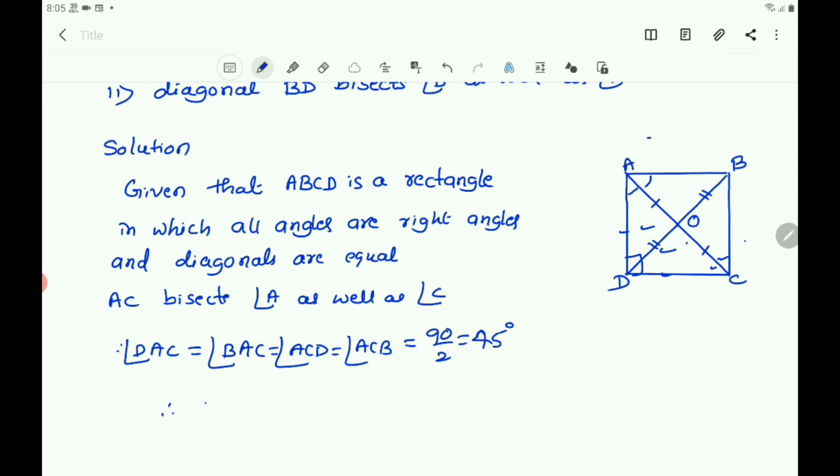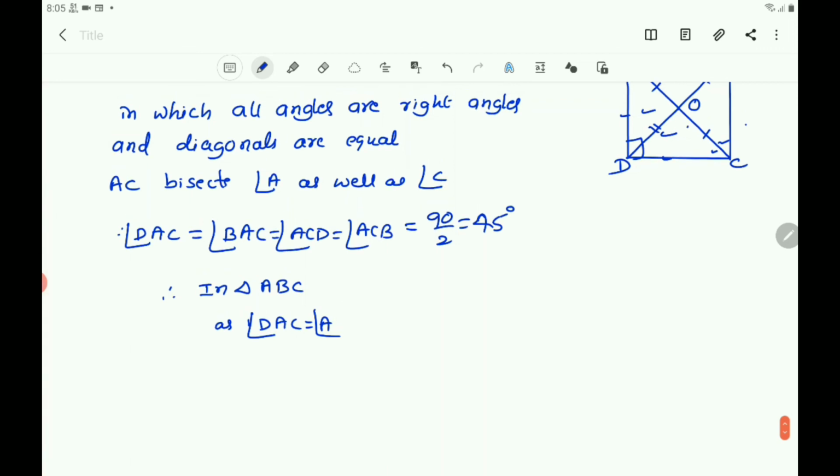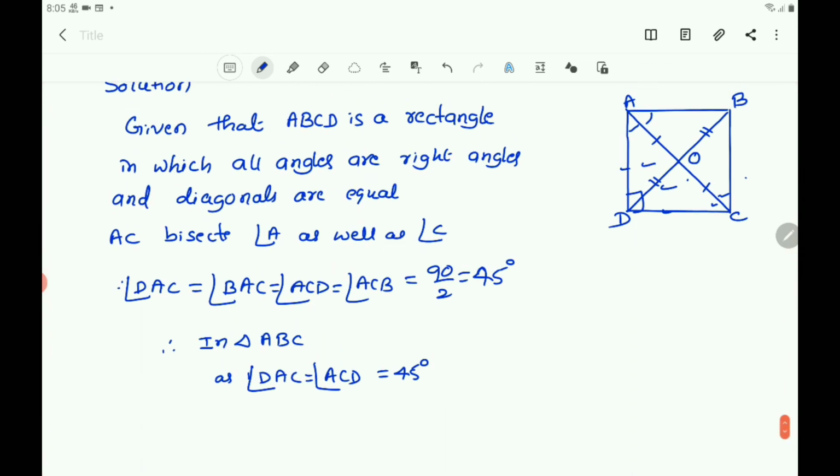So, the angles opposite to equal sides are equal. Therefore, in triangle ADC, as angle DAC equals angle ACD, both are equal to 45 degrees, you can say that AD equals DC.